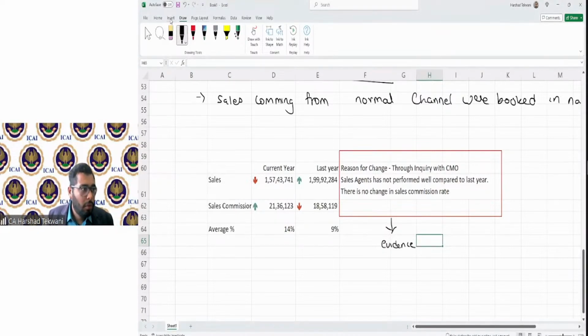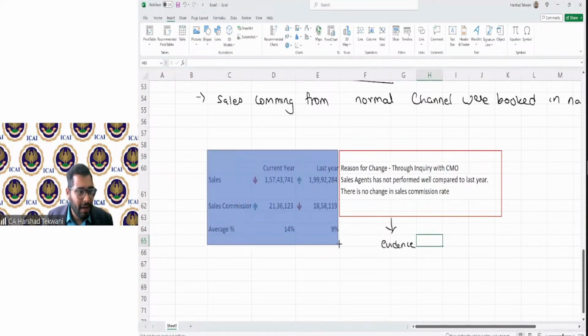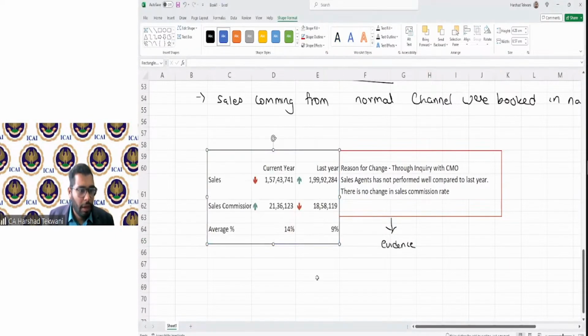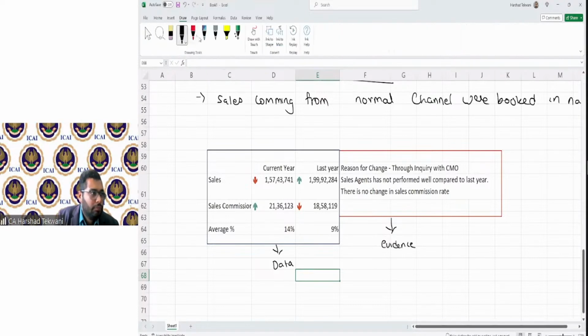When I look at this other portion, it is a second piece of evidence, which is coming from the data. So this is based on data. So there is a scenario here of data versus inquiry.